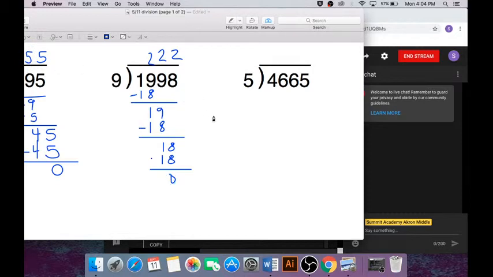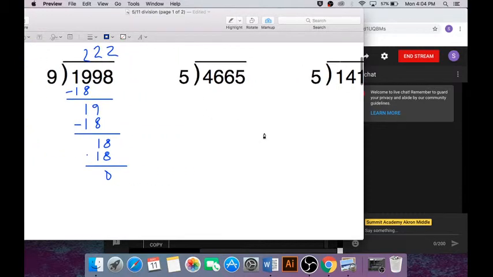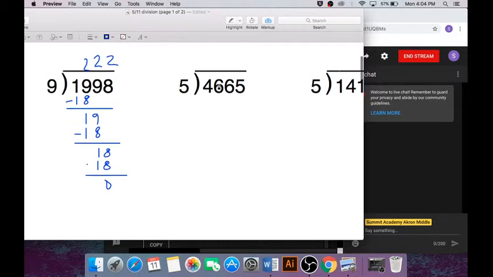Okay, on to our next one. We have 4,665 divided by 5. So 5 doesn't go into 4, so we're going to move over and see how many times 5 goes into 46 without going over.